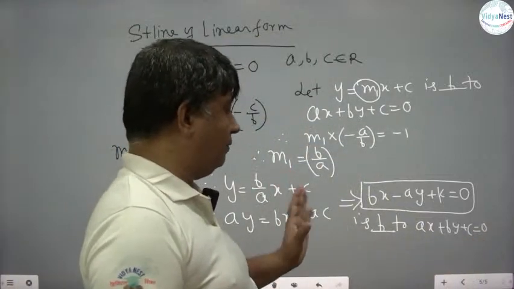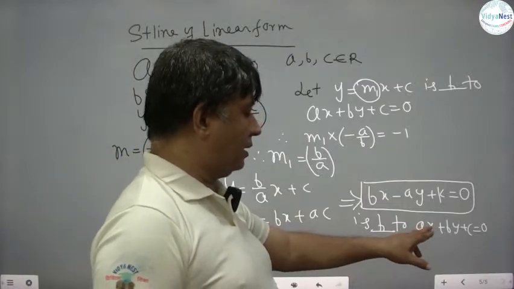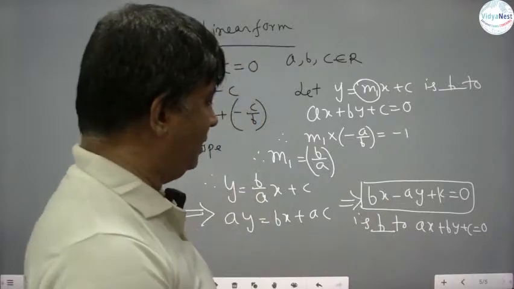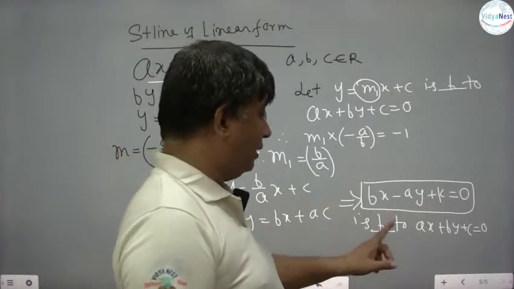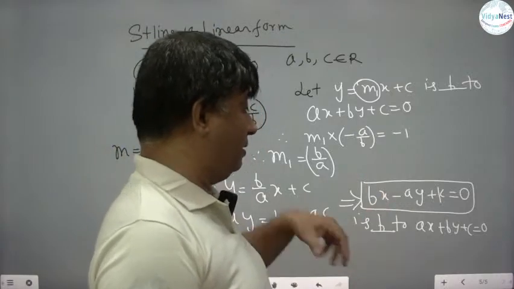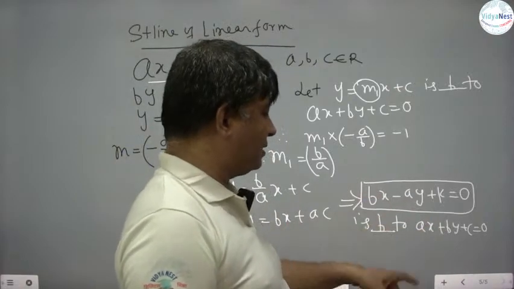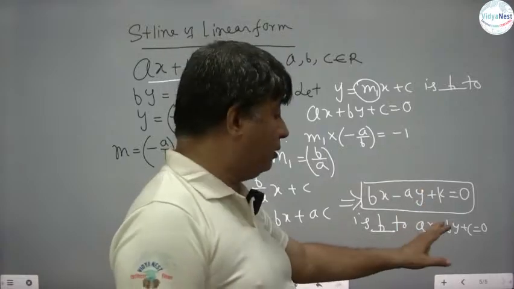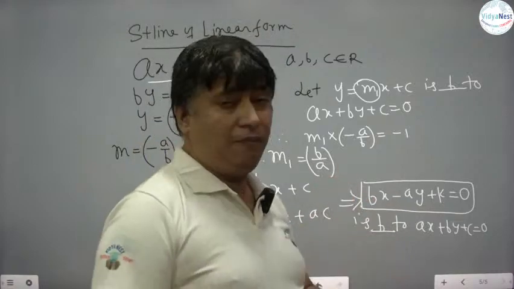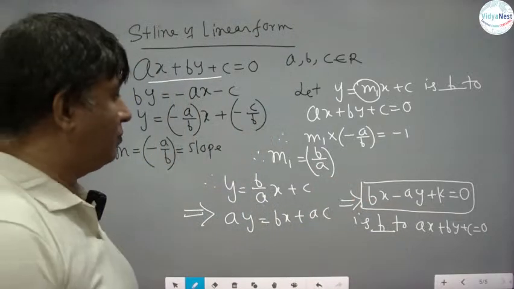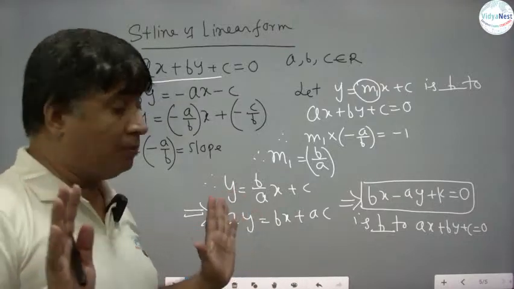If you observe that in the given equation, x is appended with a and y is appended with b, but in the required equation, which is perpendicular, a will go with y and b will go with x, and their included sign, whether plus or minus, will be reversed. So if you do it this way, then finding the perpendicular line's equation will become much simpler.